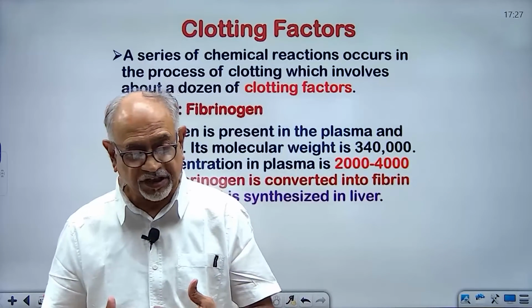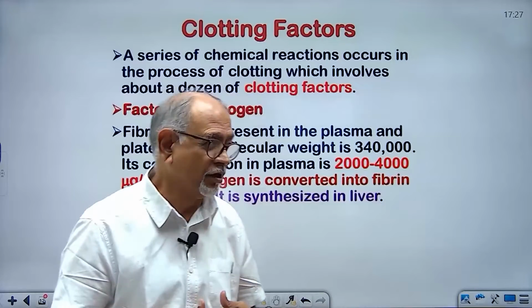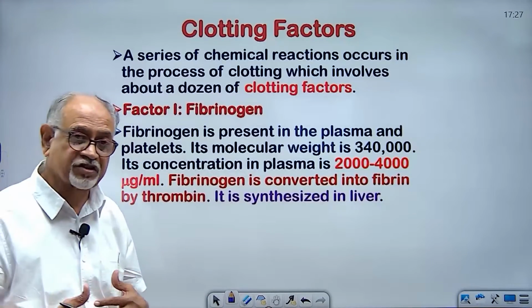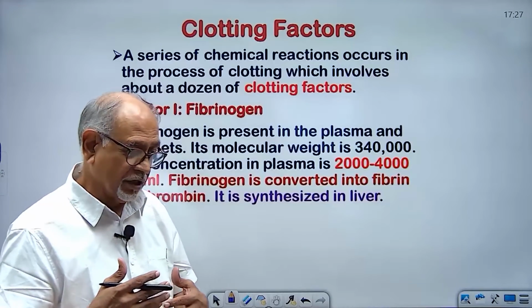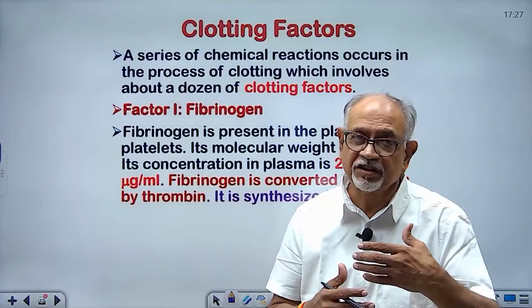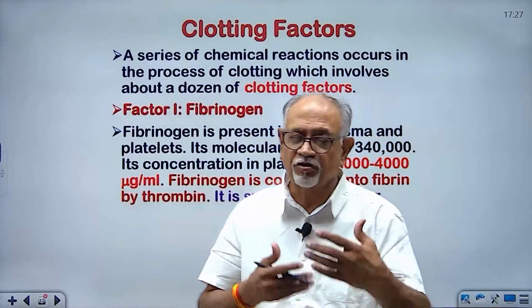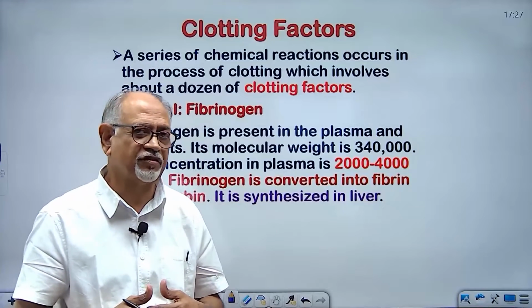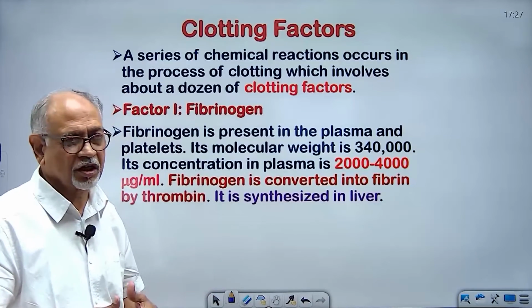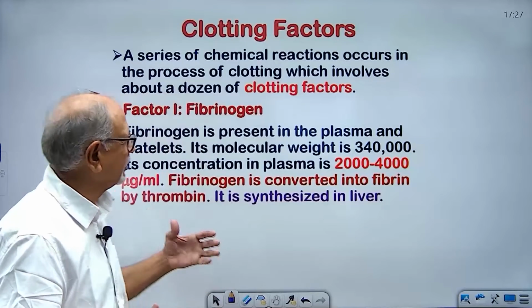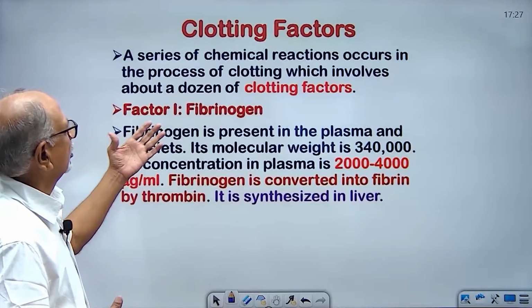So, this is the cascading clotting phenomenon. These factors initiate the next one, and the next one initiates the activation of the next one, and so on. So, there is a cascading effect of clotting factors. There are 12 main clotting factors which we will discuss just now.